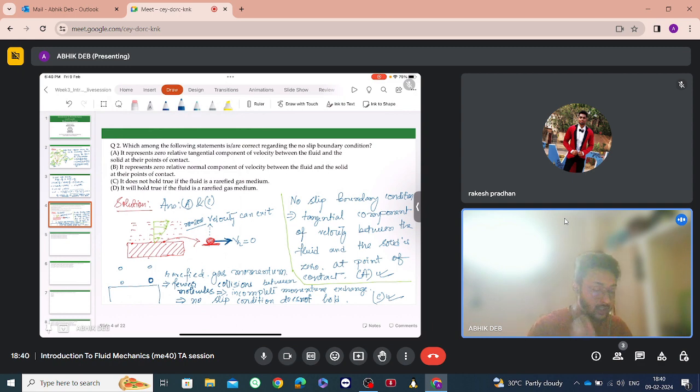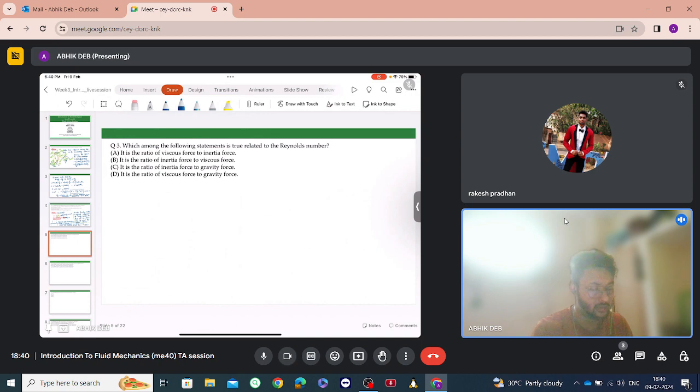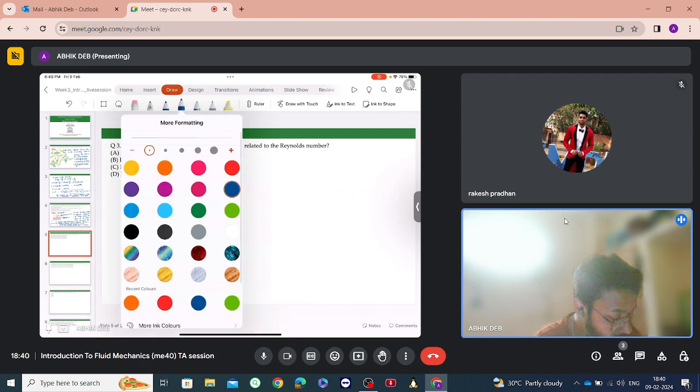Okay, so I am taking that there is no doubt in this. We will now move on to the next problem. Which among the following statements is true related to the Reynolds number? The Reynolds number is essentially defined as the ratio of the inertia force to the viscous force.